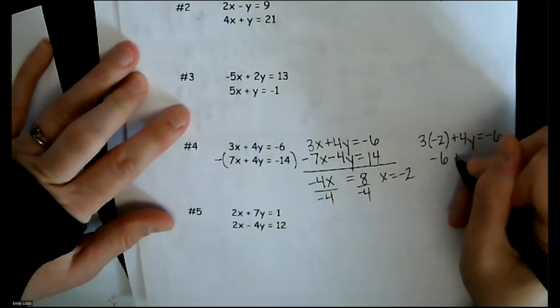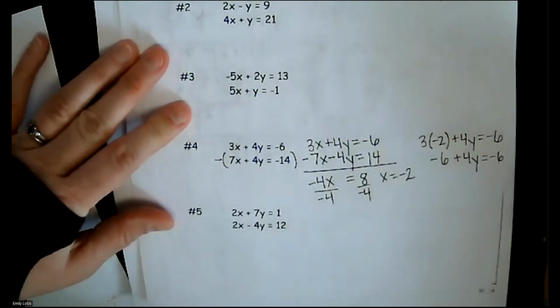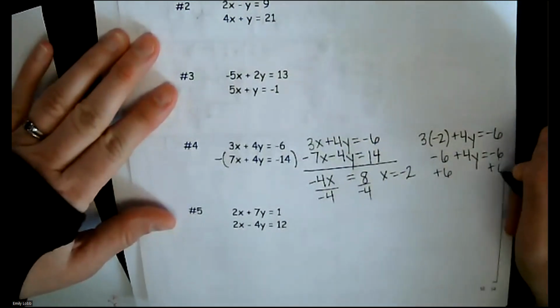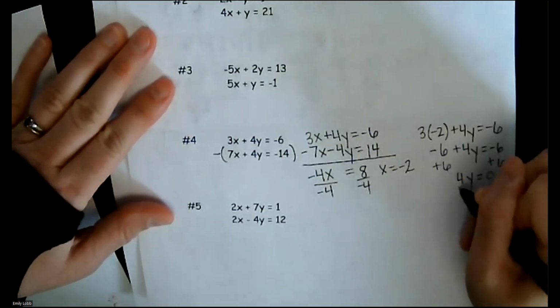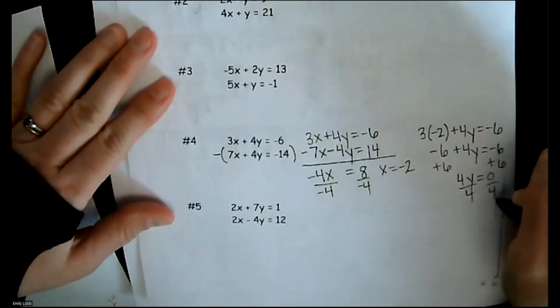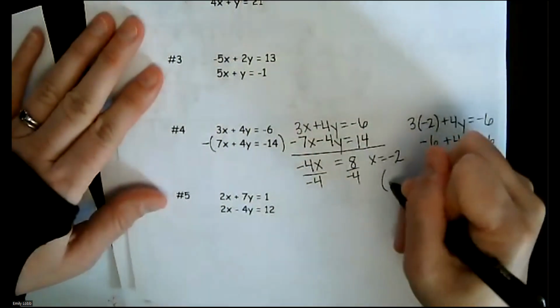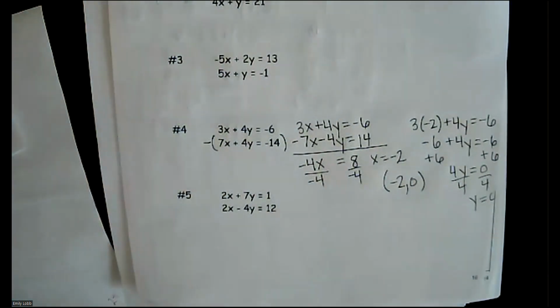So negative 6 plus 4y equals negative 6. It looks like y is going to equal 0, right? When I go to get rid of the constant, I have 4y equals 0. 0 divided by anything is, of course, 0. So the answer to this would be negative 2, 0 when you get to the fourth one.